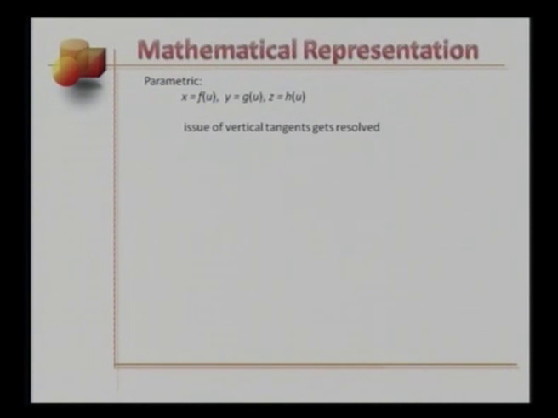The first advantage we get is that the issue of vertical tangents gets resolved. How? Well, one can simply say f of u is x0, which is a constant, and g of u is equal to u, where u goes from minus infinity to plus infinity.